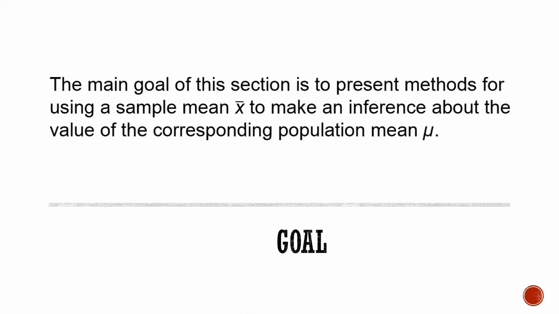So the main goal of this section is to present methods using the sample mean, which is x bar, to make an inference about the corresponding population mean, mu. Did anyone think it was strange that we use different symbols for the different types of means at the beginning of this class? Like the p hat or the p.